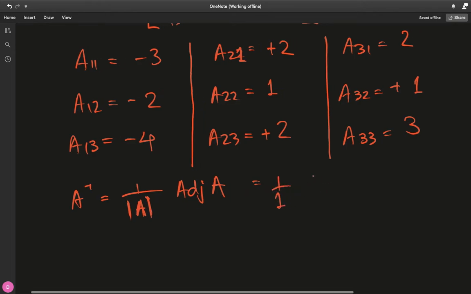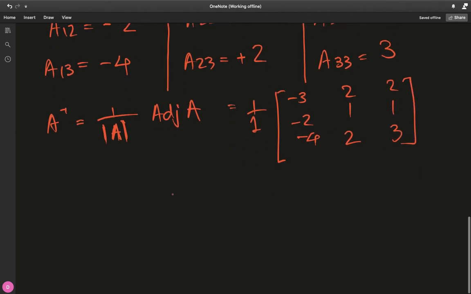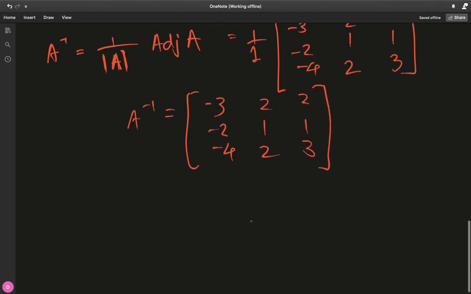So 1 over 1 times the adjoint of A, plugging these into the entries: -3, -2, -4, 2, 1, 2, 2, 1, 3. 1 over 1 is 1, so A inverse is just -3, -2, -4, 2, 1, 2, 2, 1, 3.